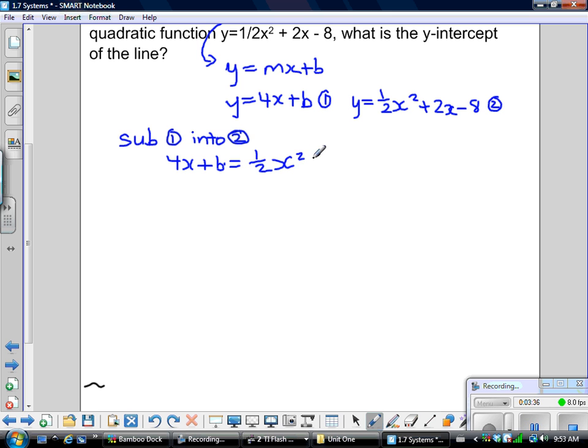So I put my second equation in here. Just like the previous ones, I'm going to get everything to the one side. So I have 1/2 x squared, subtract 4x from both sides, so I end up with a negative 2x. I have a negative 8, and I would subtract b from both sides.